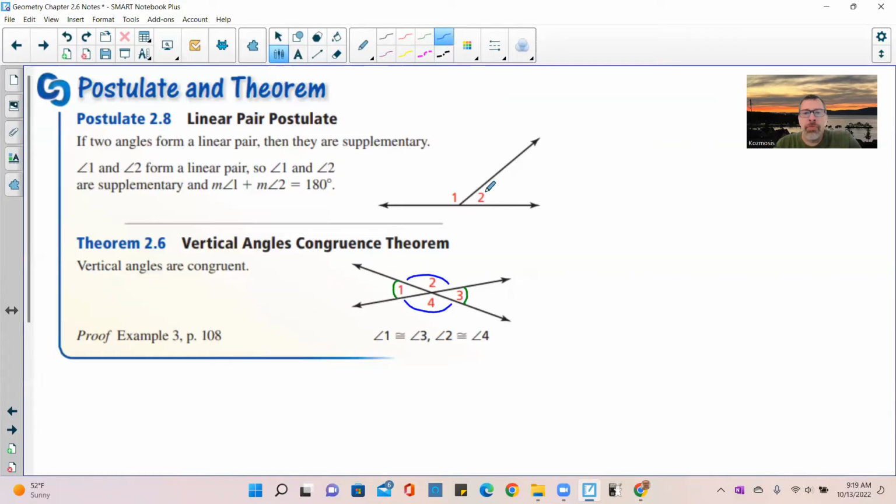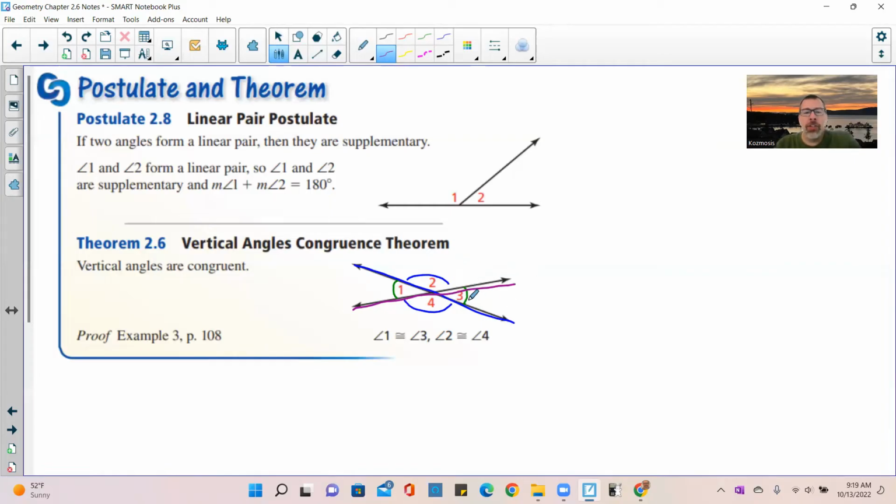The reason is from the linear pair postulate right above. So 2 and 3 form this straight line right here. And straight lines have a measure of 180 degrees. So if angle 2 plus angle 3 is 180, and then I draw another line this way, and angle 3 plus angle 4 equals 180, well, that goes back to the last theorem, where if you have two things that are supplementary, angle 2 and angle 3 supplementary, and angle 3 and angle 4 are supplementary, then angle 2 has to be congruent to angle 4 or equal to angle 4.